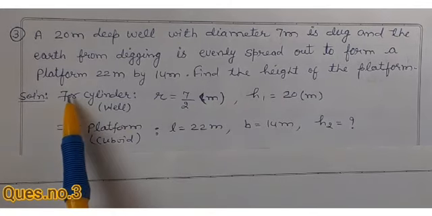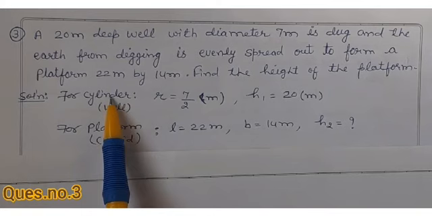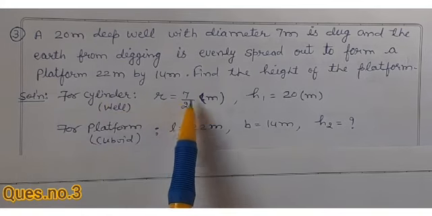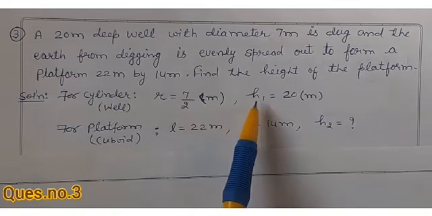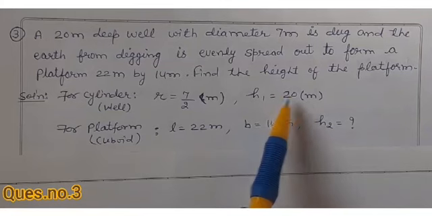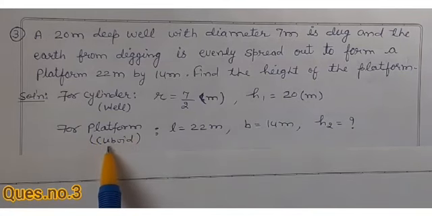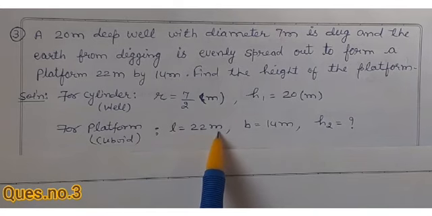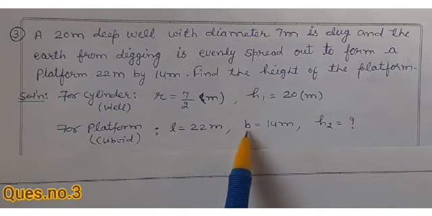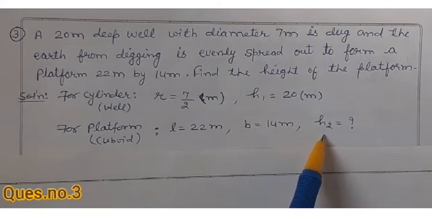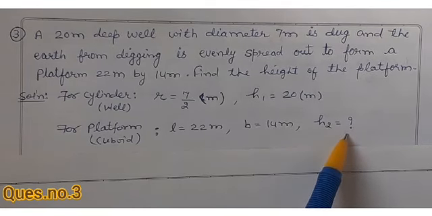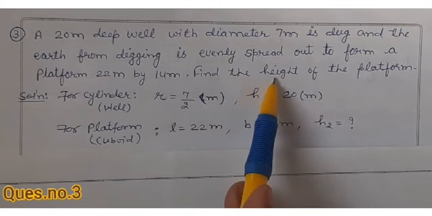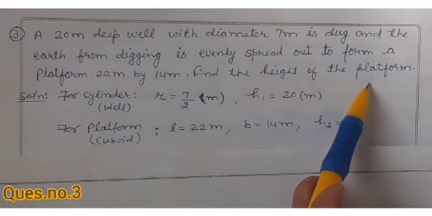For the well in the shape of a cylinder, radius will be 7 by 2 meter and height is 20 meter. And for the platform, which is in the shape of a cuboid, length L will be 22 meter, B is 14 meter, and I am taking height H2. This you have to find out, because you have to find the height of the platform.